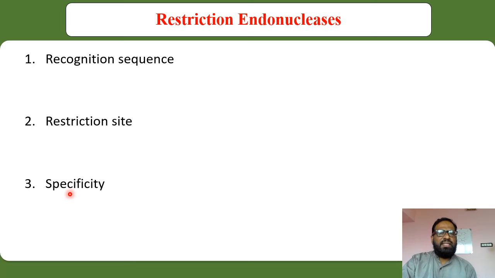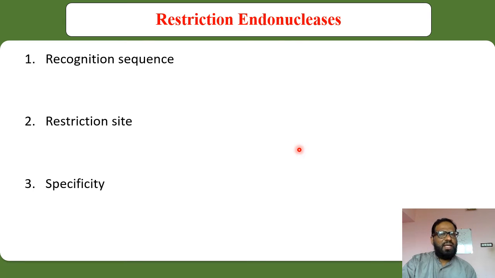If you take other enzymes, for example DNase 1 or DNase 2, what do they do? They also have the ability to break the phosphodiester bond in the internal position. The only thing is that they are non-specific. Non-specific means in one particular experiment, they may break one internal bond. If you repeat the experiment, you will find that they may break some other bond in the internal position.